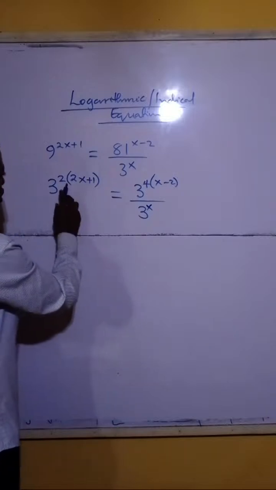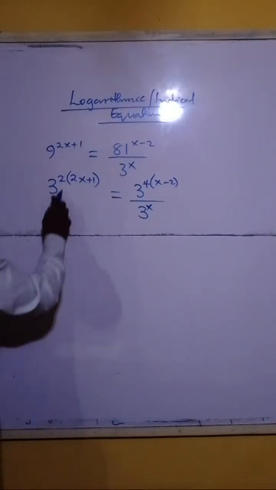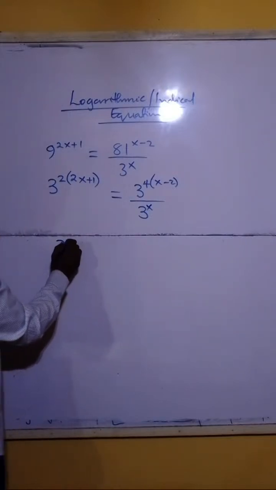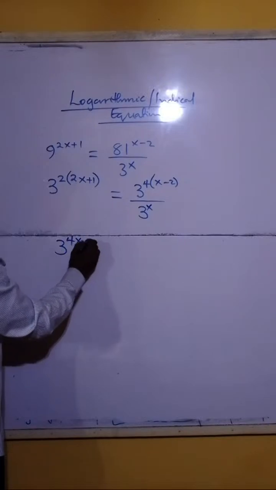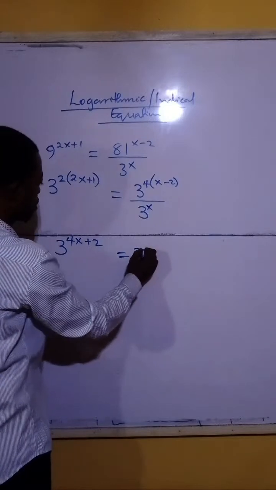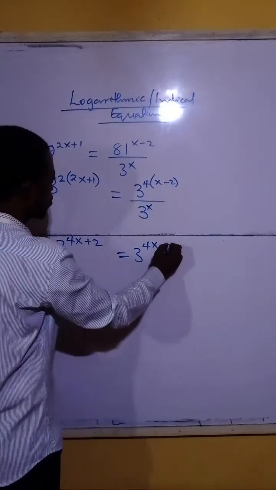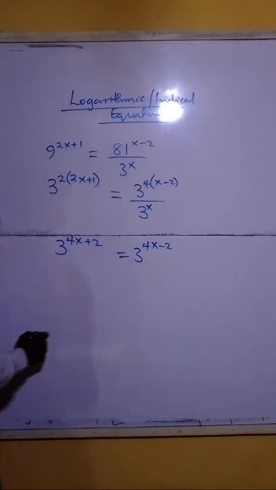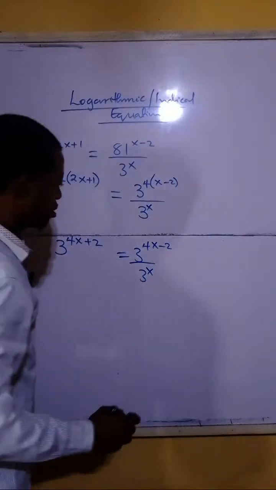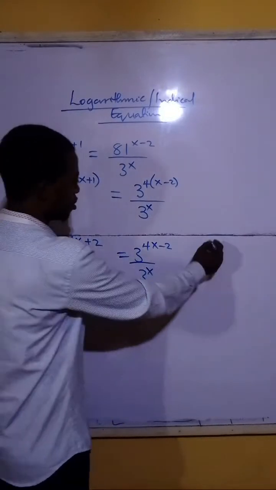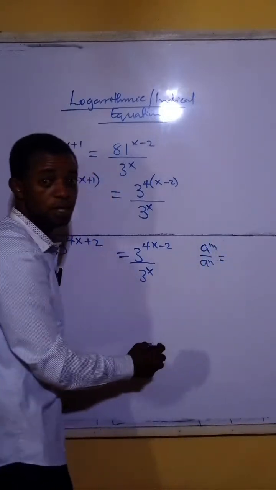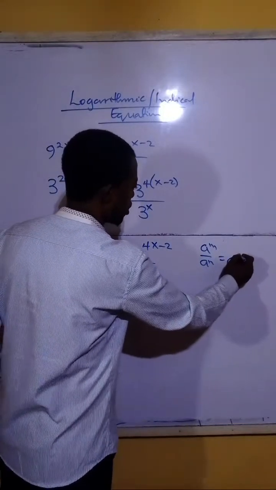And here, this bracket, we can expand it. That is 2 multiply here. And this becomes 3 raised to power 4x plus 2, then equals 3 raised to power 4x minus 2, then over 3 raised to power x. When we have the same base and a raised to power m over a raised to power n, this is the same thing as a raised to power m minus n.